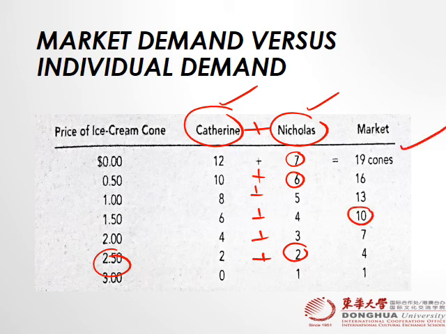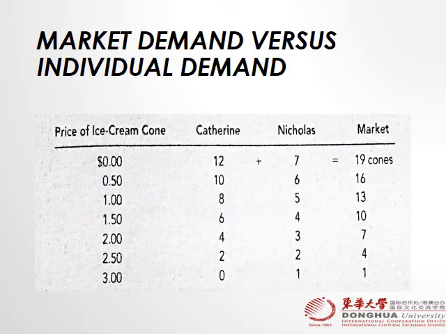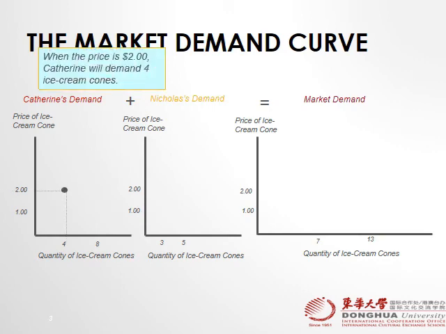So where did this 10 come from? When the price is 1.5, Catherine wants to consume 6 ice creams, and Nicholas wants to consume 4 ice creams. So that is 10. When the price is 2, Catherine will demand 4 ice creams, so we just draw the graph of Catherine here.